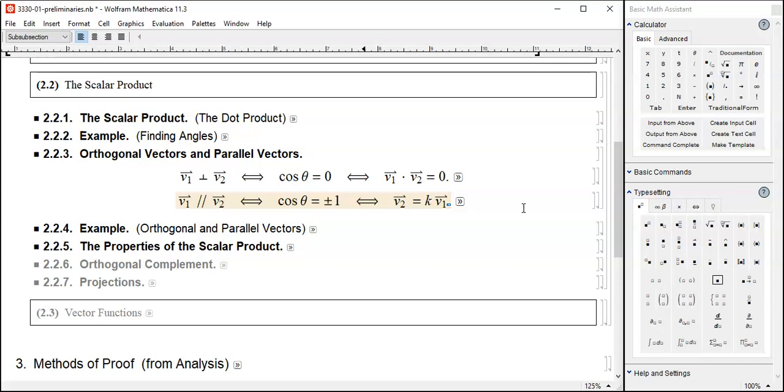So one vector is a constant k times another vector. And when theta is 0 or cosine of theta is plus 1, this k is positive. And when cosine of theta is -1 or theta is 180 degrees, the opposite case, in that case this k is negative.